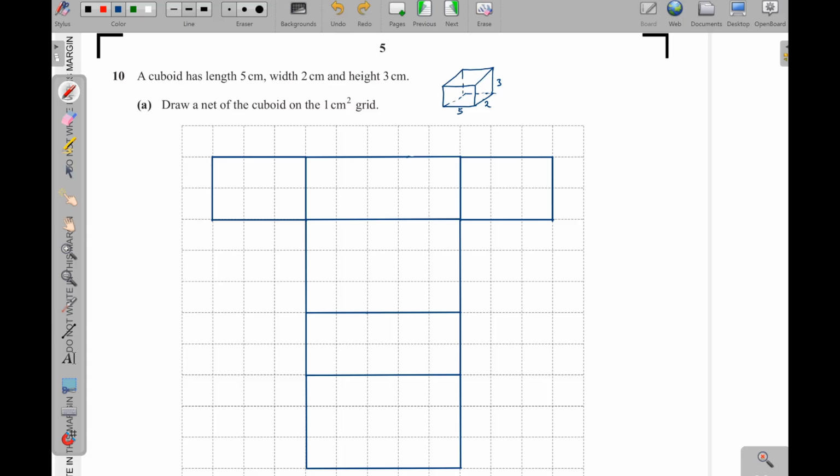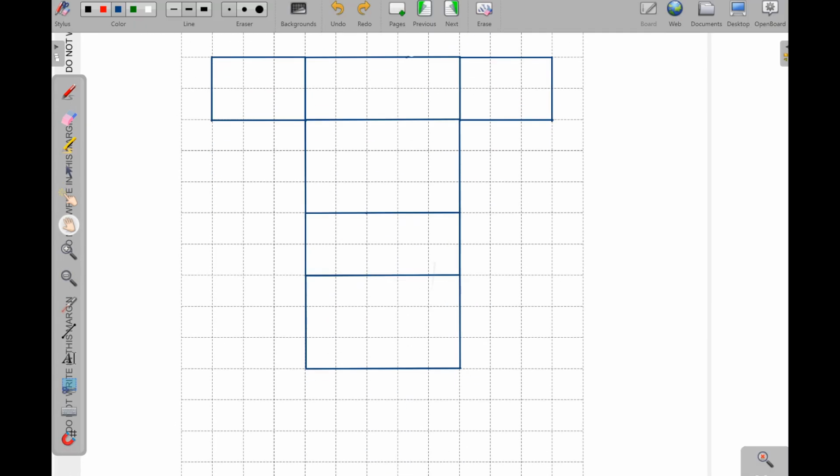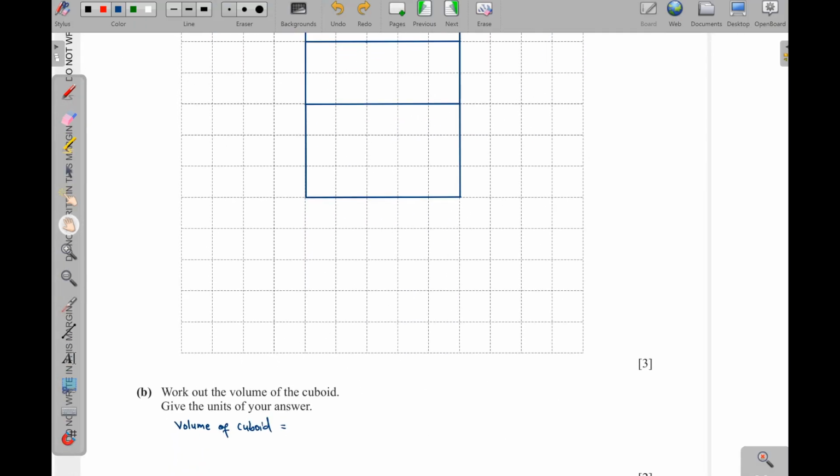Okay, so the cross-sectional area is the rectangular face, then times this height here. So the area of a rectangle, we know that it is length times width, but then we have this height here. So we have the length is 5 times the width is 2, then times the height, which is 3. So this will be 10 times 3, that will be 30.